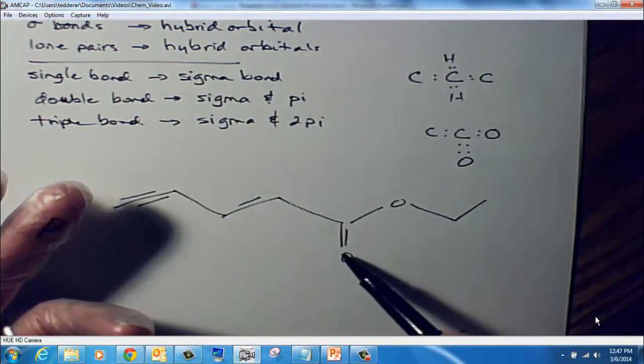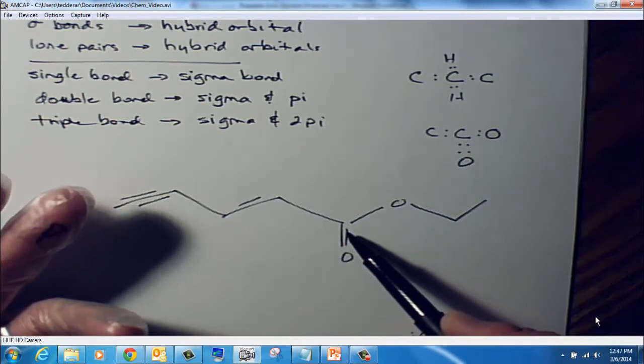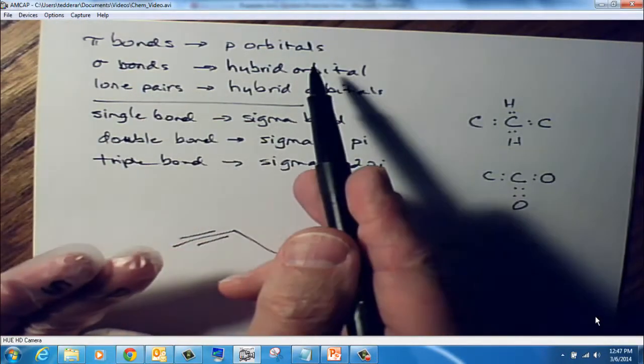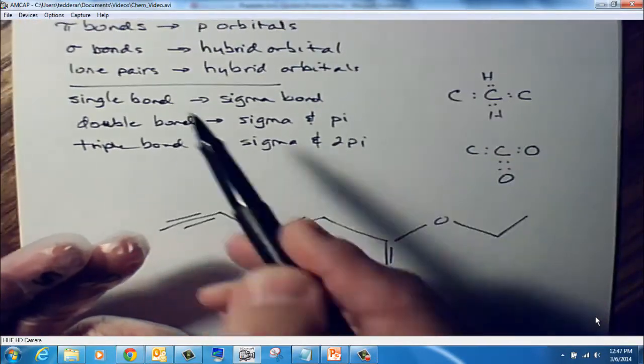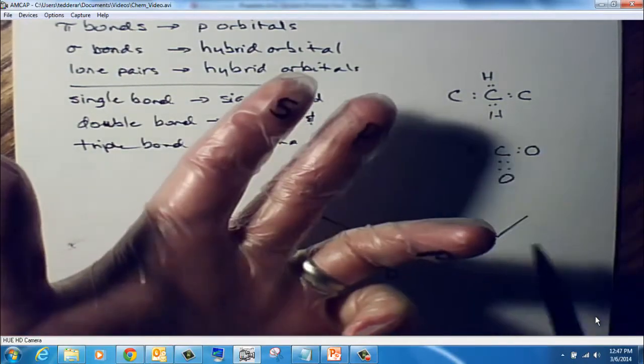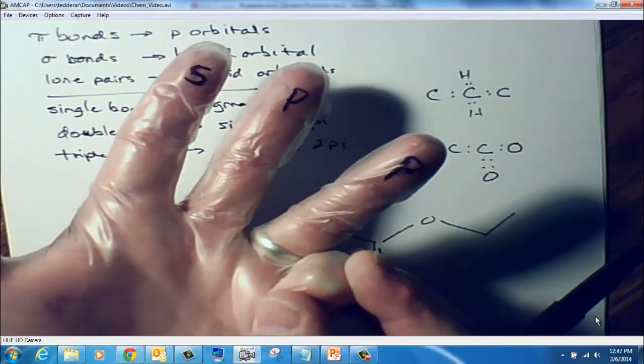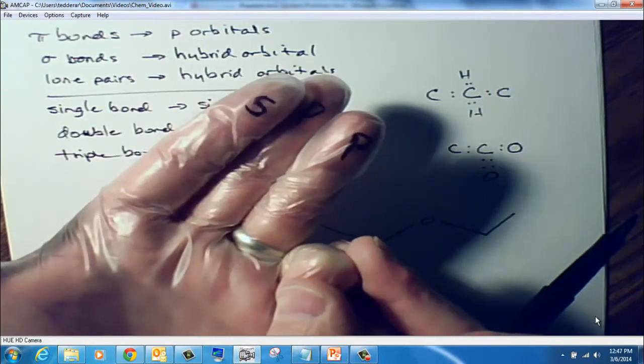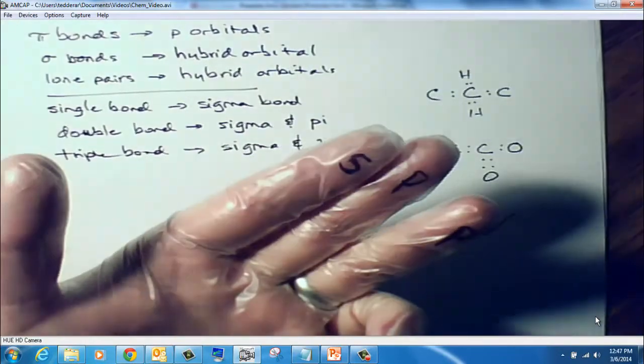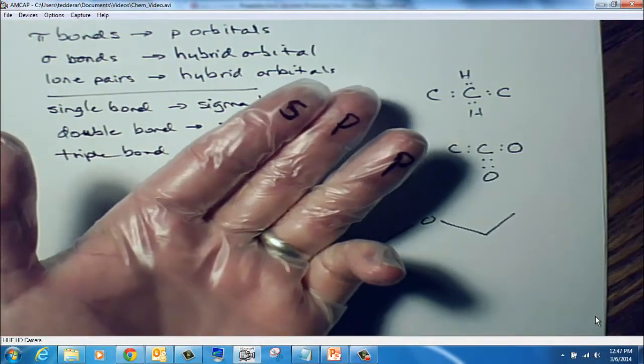We have a sigma bond going this way. Sigma bonds have to be hybrid orbitals. There are 2 lone pairs. Those are hybrid orbitals. That's 3 orbitals that we have to hybridize, right? So what's the hybridization? sp2. You got it?